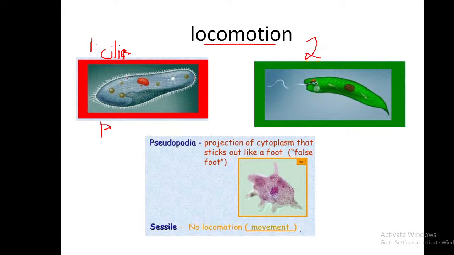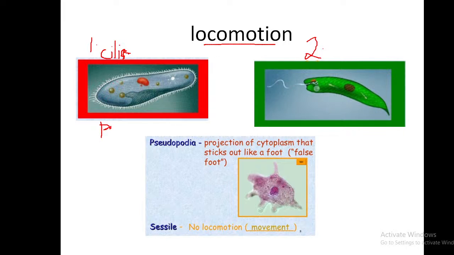And here you can see the hair-like structures present on the surface of the body of paramecium. This is called cilia. The body of paramecium is covered with bristle-like structures called cilia with which they move.